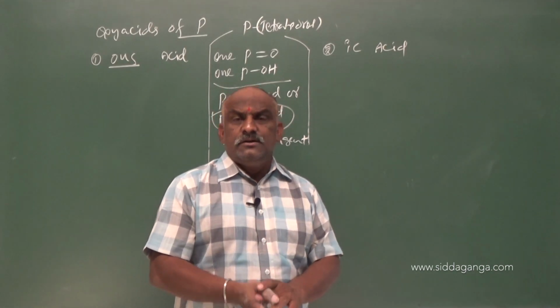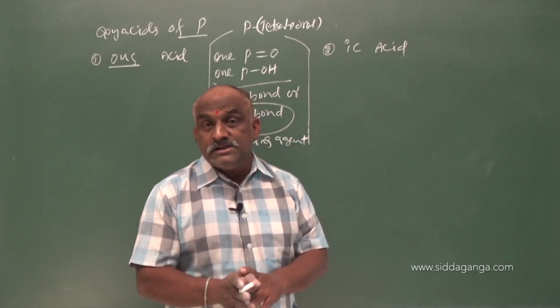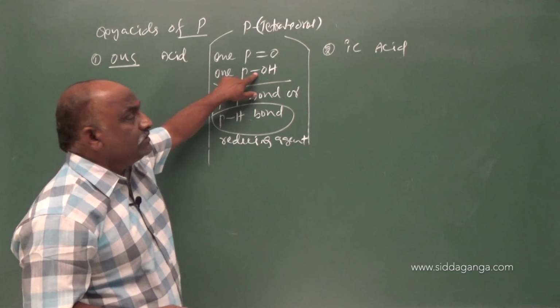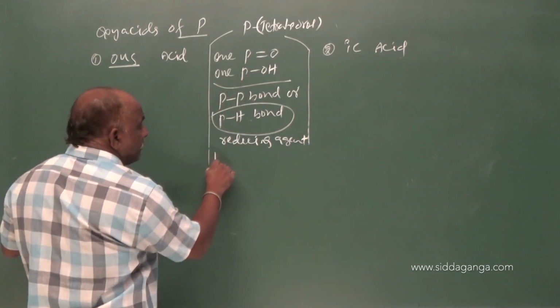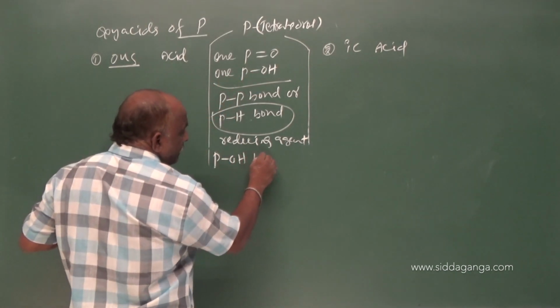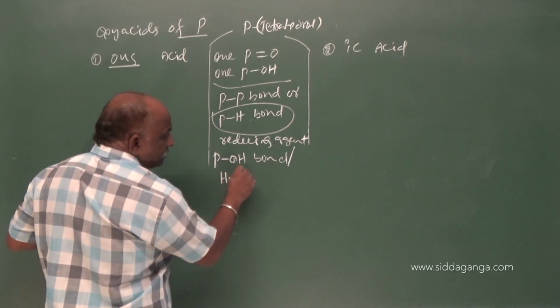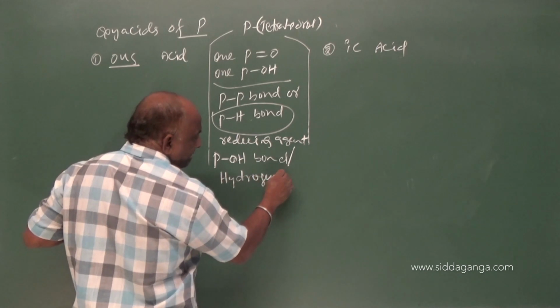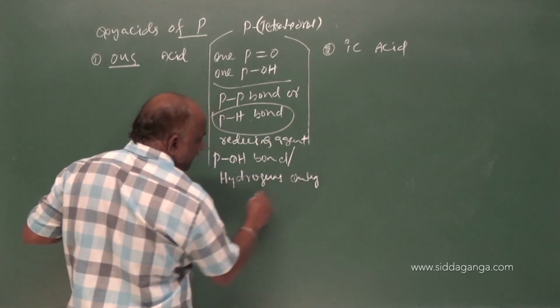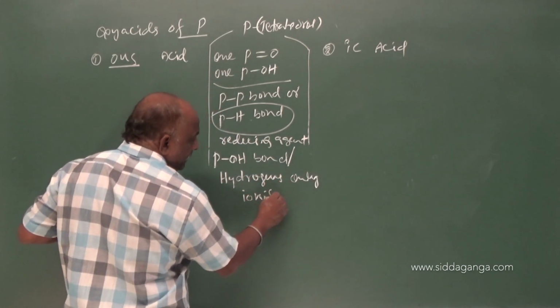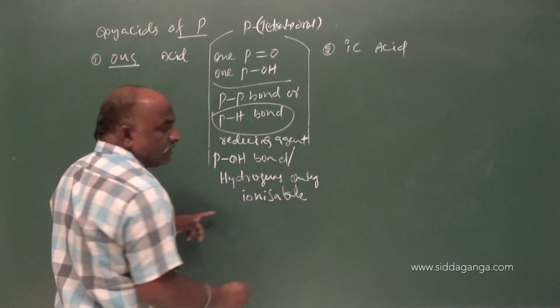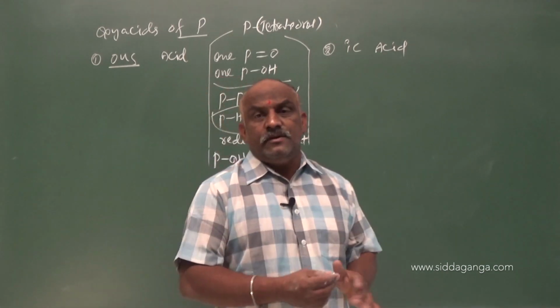These hydrogens are not ionizable. Which hydrogens are ionizable? Only the P-OH bond hydrogens are ionizable. Clear.